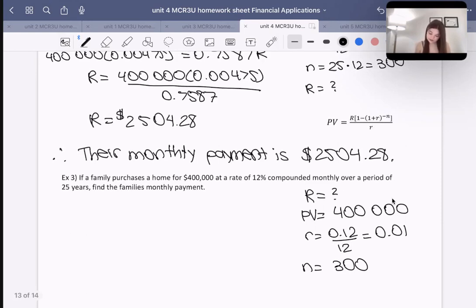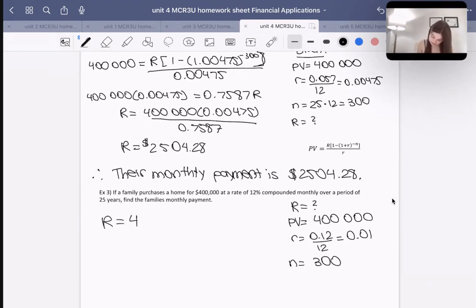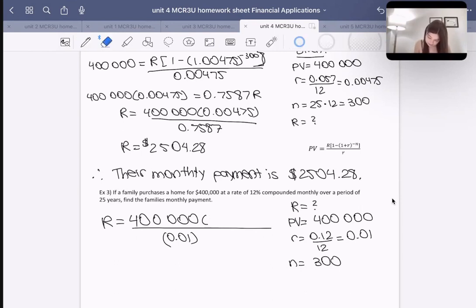So what I'm going to do, actually, since we already did the work over here, I'm just going to write the same thing down, but with the new numbers, because this is the exact same thing. And then what's this part? This is going to be 1 minus 1.01 to the negative 300.